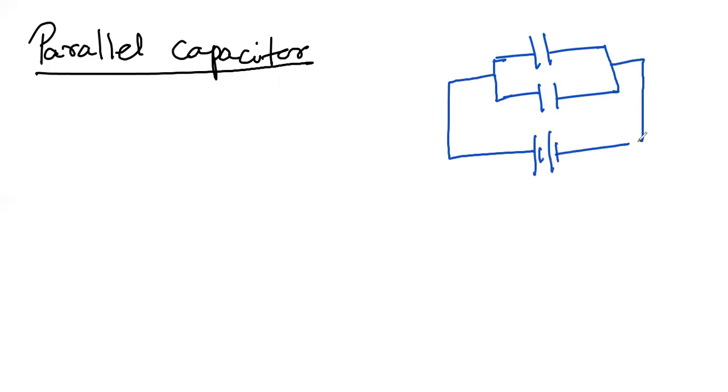Let us label the two capacitors as C1, C2, and this is the voltage supply V. We know in a parallel connection that voltage is going to be constant throughout. It's only the current that gets branched.